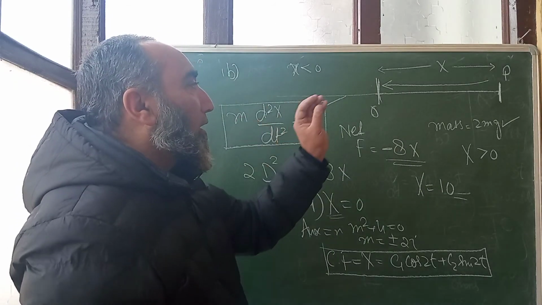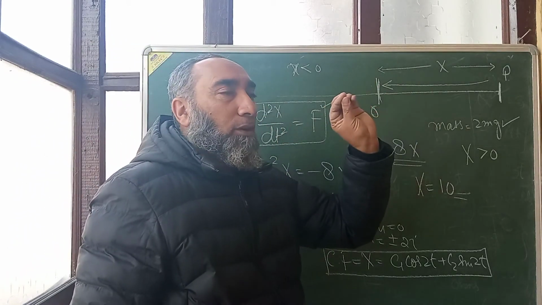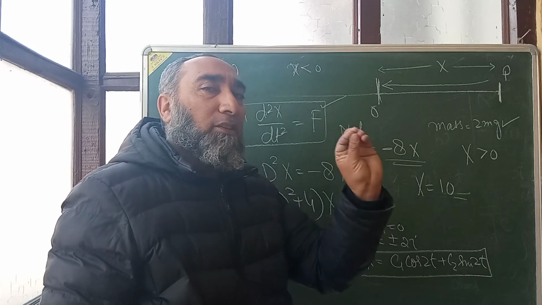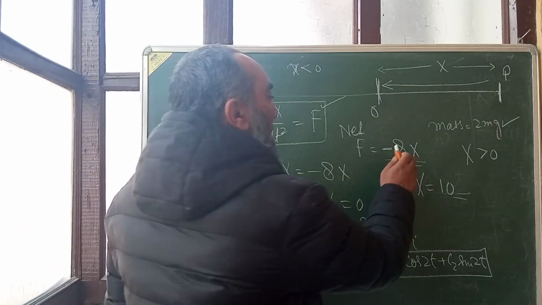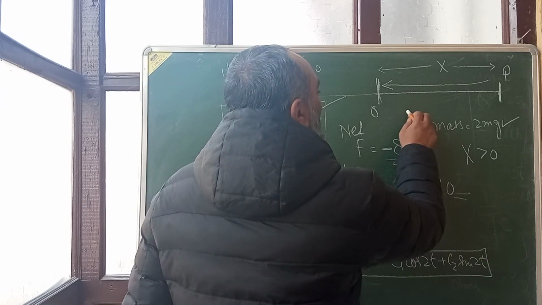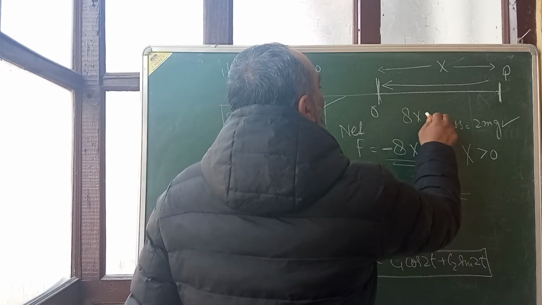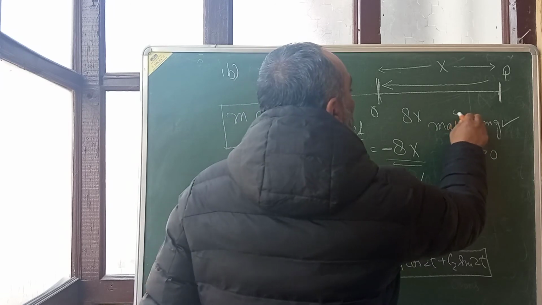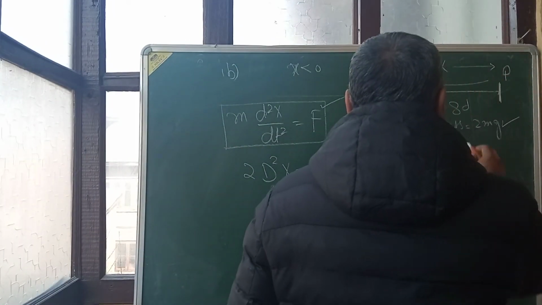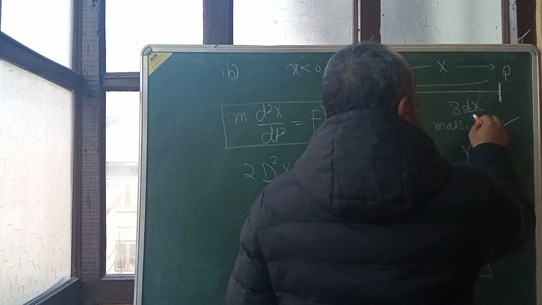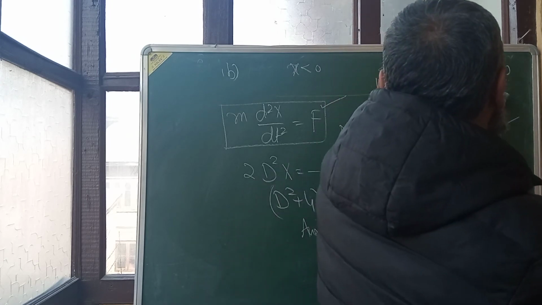This is not just 8x. The damping force is something else: 8 times instantaneous velocity, and instantaneous velocity means dx by dt.